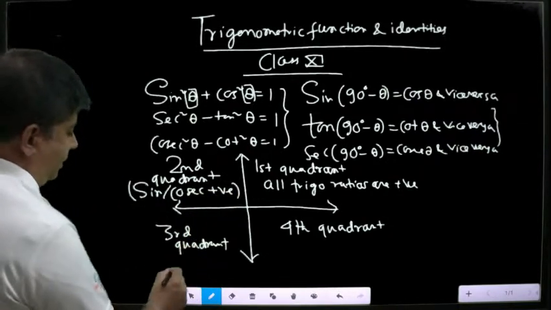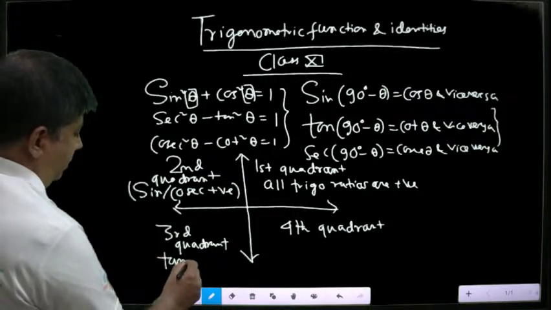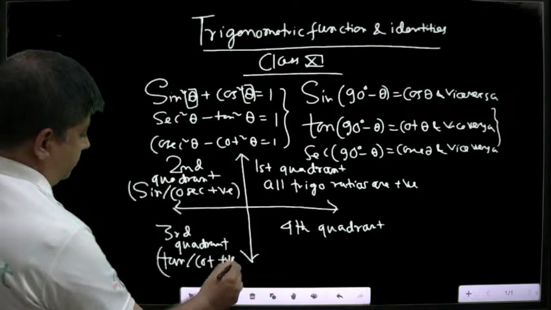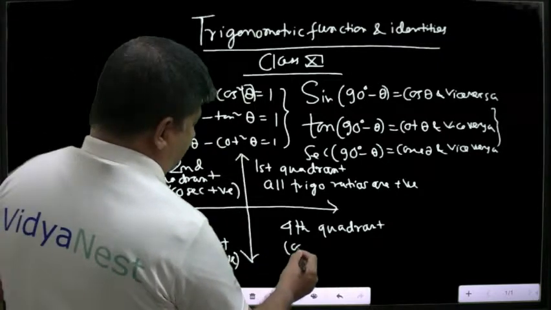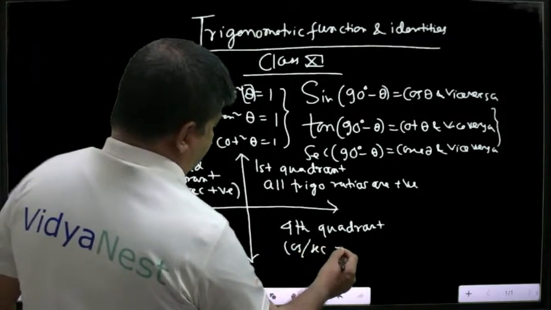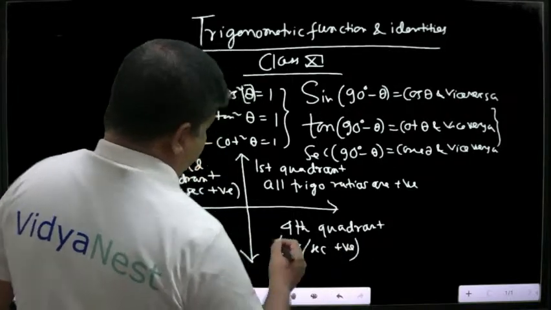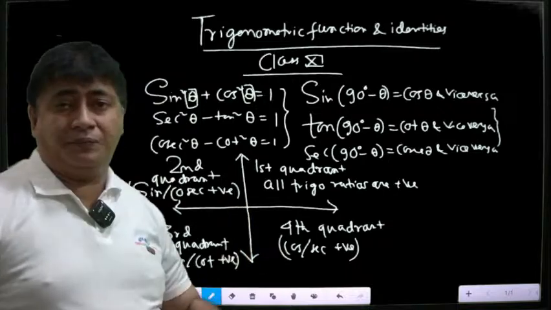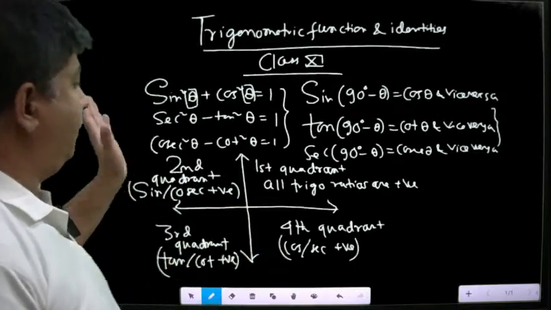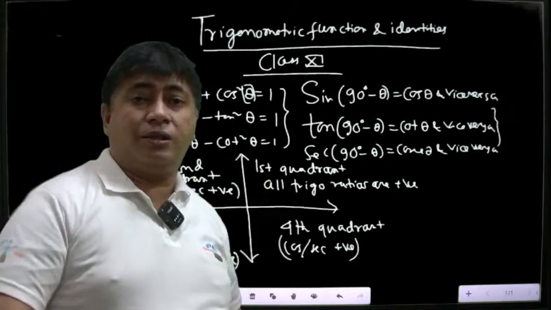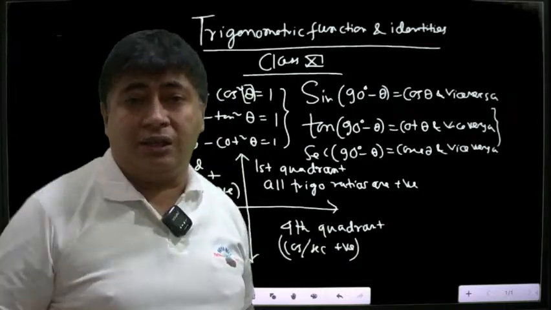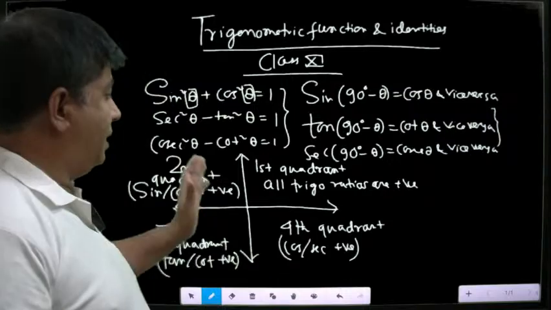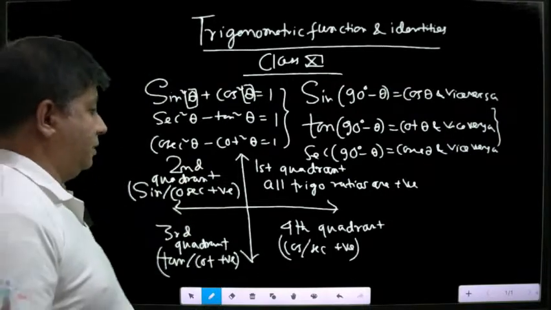In the third quadrant, tan and cot are positive, and in the fourth, cos and sec are positive. That means if an angle lies in the fourth quadrant, cos or sec will be positive and the other ratios will be negative. That is the basic idea of trigonometry.